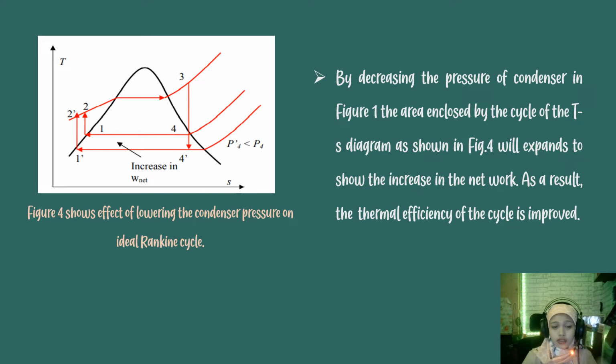As we can see on the graph, by decreasing the pressure of the condenser, the area enclosed by the cycle on the TS diagram, as shown in figure 4, will expand to show the increase in net work. As a result, the thermal efficiency of the cycle will improve. In other words, the work produced from the turbine also increases.